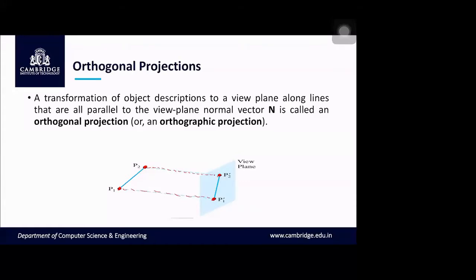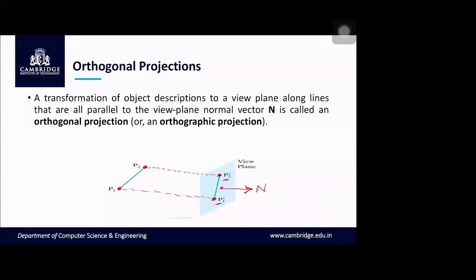These parallel lines are parallel to the normal vector n of the view plane, which was discussed in the last class.